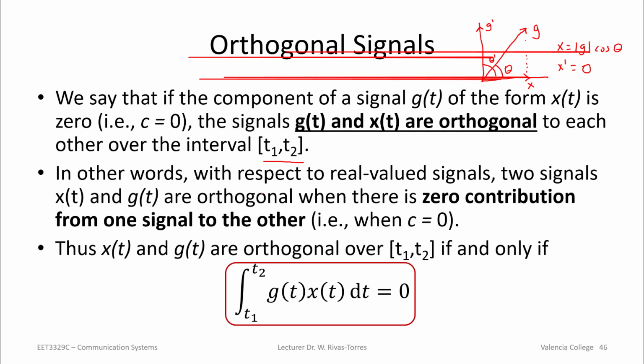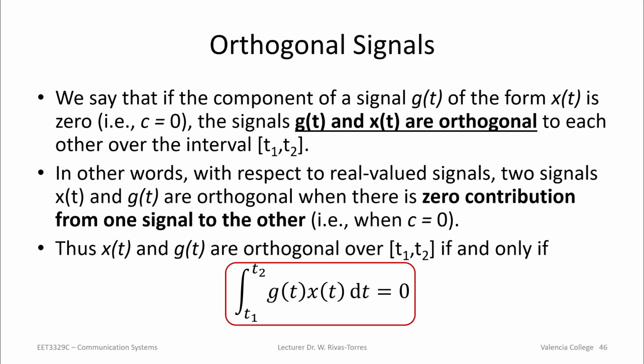And I am very sorry about all those lines, so let me put the slide back together. In other words, if it's a real value signal, g of t and x of t are orthogonal when the contribution of one to the other is 0, or c equals 0. If you go back to the definition of c, it had the product of the two signals over the energy of x of t.